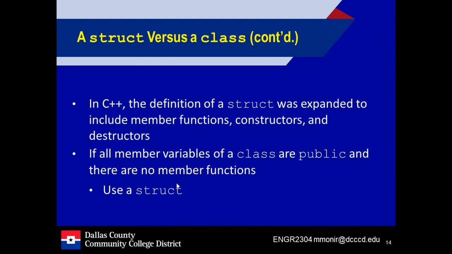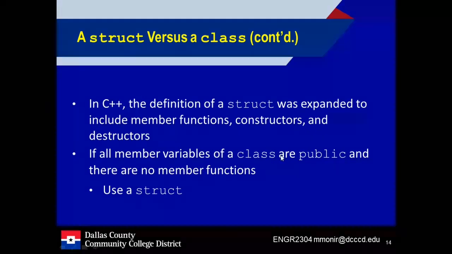If you familiarize yourself with the class, classes are equally applicable, almost with a little difference in syntax, in Java or in C sharp. So it is your own choice if you want to use a struct or a class in this particular case when they are public.